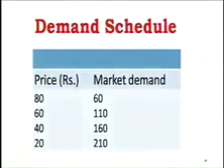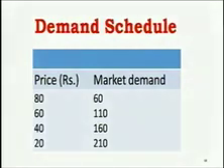So according to the law of demand, when price goes up, quantity demanded goes down, and when price goes down, quantity demanded goes up. So this creates the negative relationship between price and quantity. We can present this using a schedule, a graph, or an equation. First we'll discuss the demand schedule.